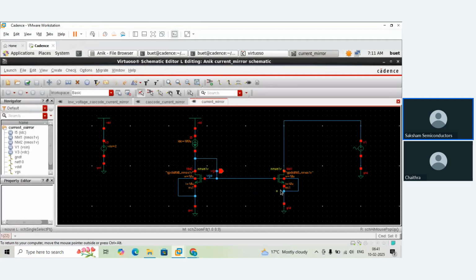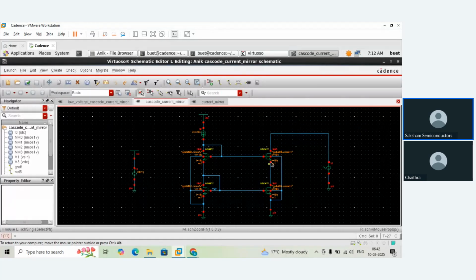For example, if this MOSFET is pushed into saturation at 800 millivolts, then up to 800 millivolts I'm not able to see a constant current in this wing. The current mirroring action is performed only at a saturation voltage of 800 millivolts, which pushes this MOSFET into saturation. That is what I mean by pushing this MOSFET into the saturation region.